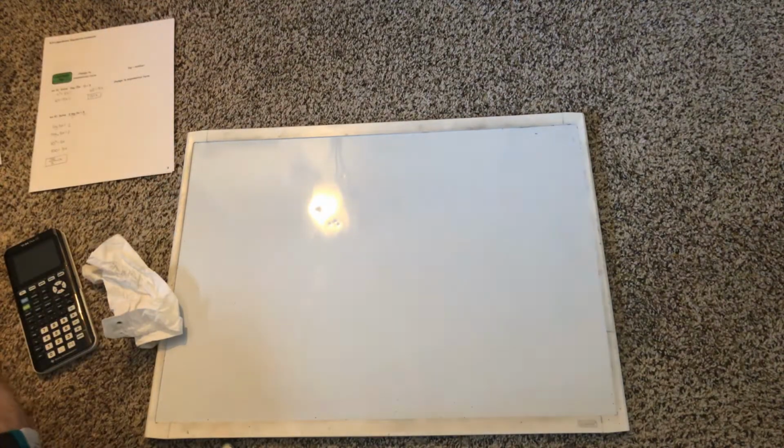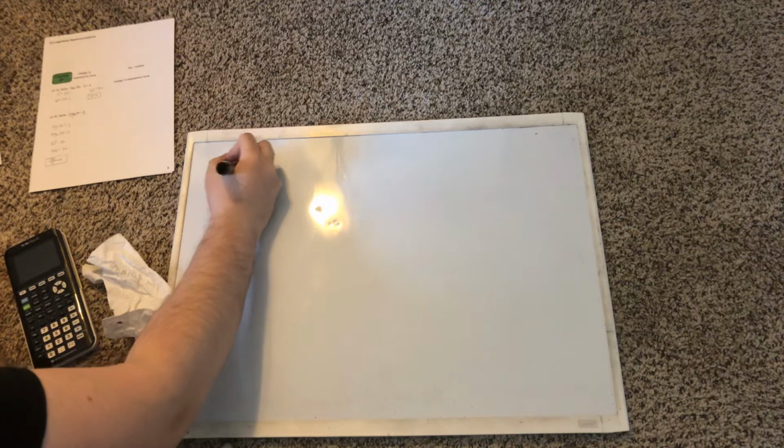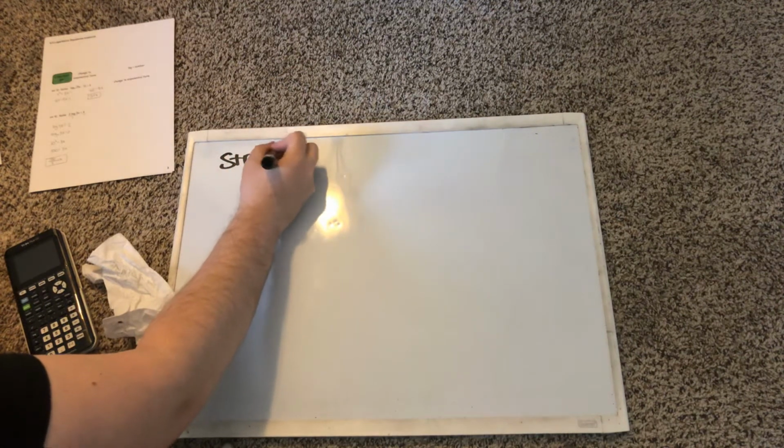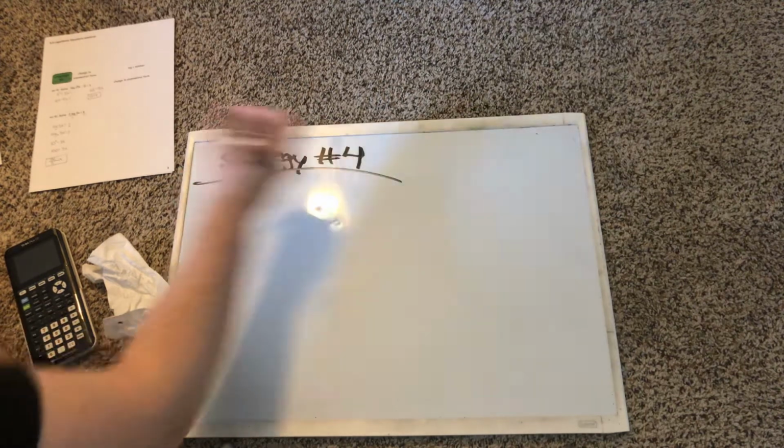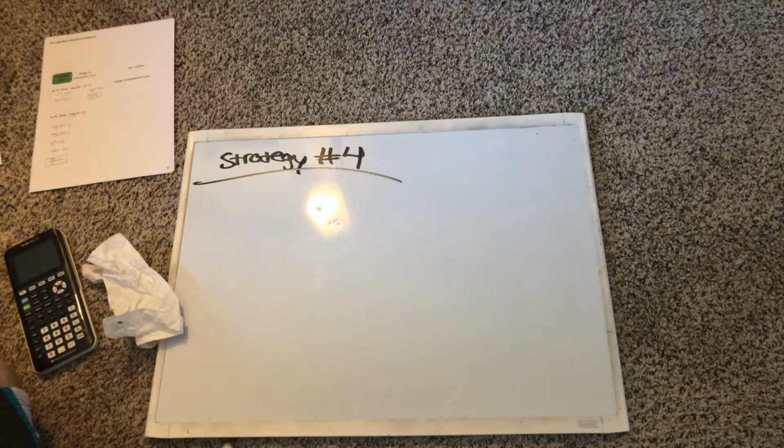Alright, so what if we don't have logs on both sides? This is going to be strategy number 4. Kind of like when we were in exponential form, we couldn't break down our bases. Well, what if we can't drop our logs?